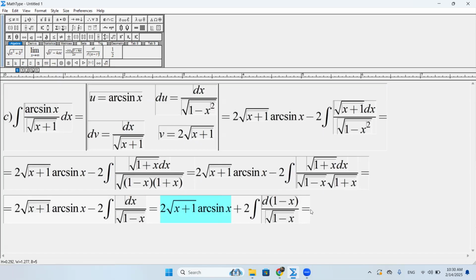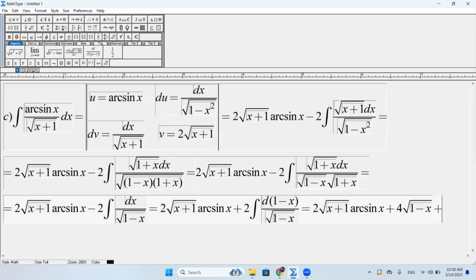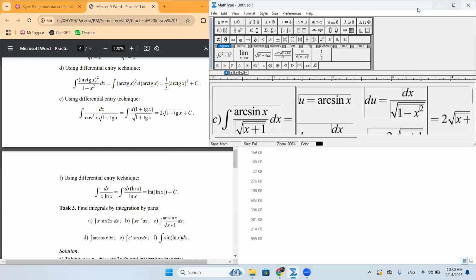So this part plus 4 by this square root plus c. So any questions about this task? So some arithmetic transforms. Okay, if no questions, let's move next.